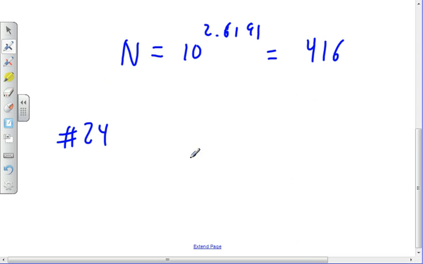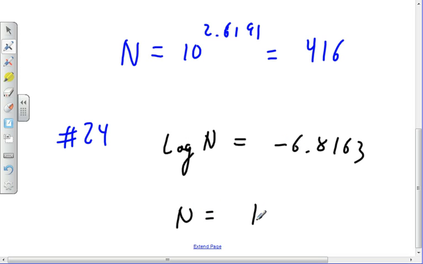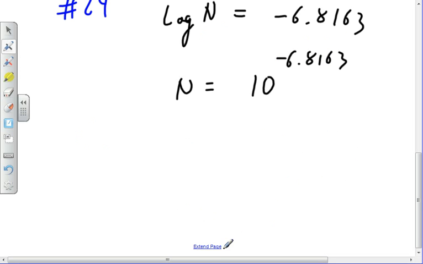Yeah, so I got log n equals minus 6.8163. So n is equal to 10 to the minus 6.8163. And again, I'm only looking for 3 lousy significant digits.